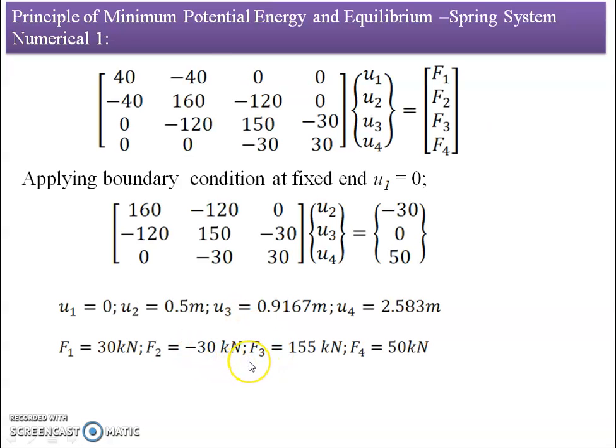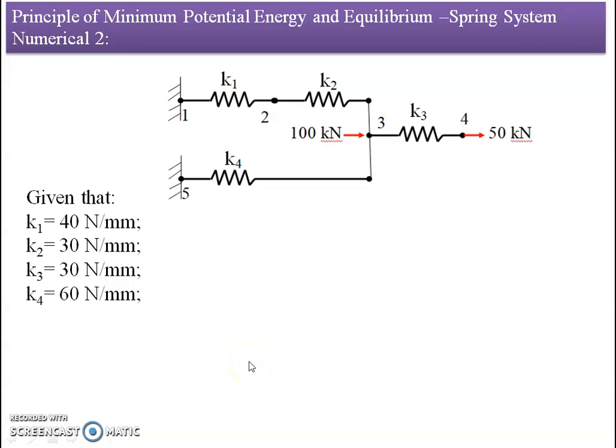In addition to this, I will assign you one numerical as homework right now. In upcoming video lectures we'll try to discuss the solution of this particular numerical. Here a system of springs is given, arranged in parallel and series.